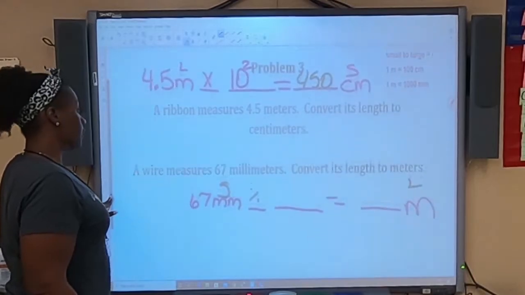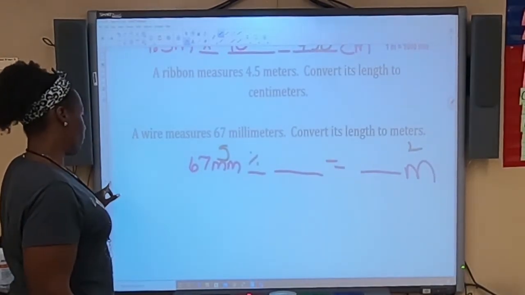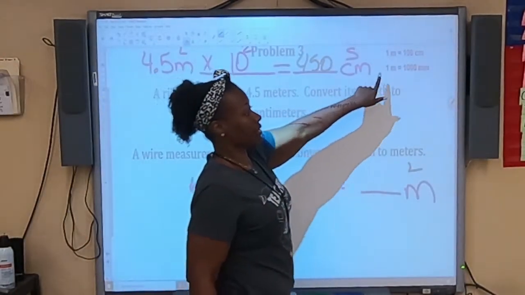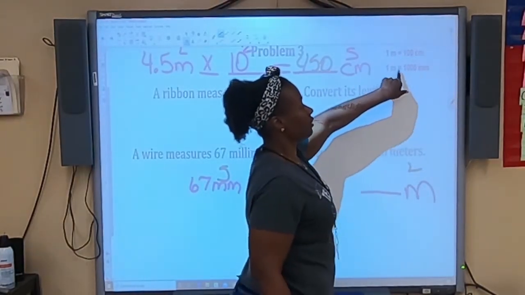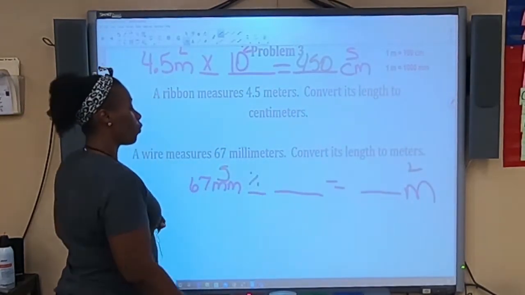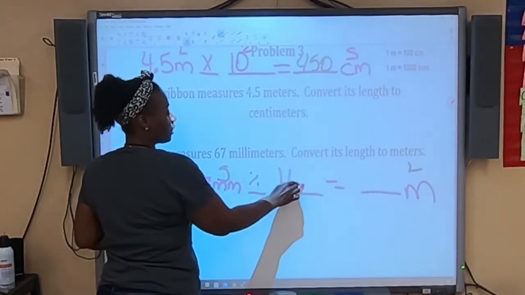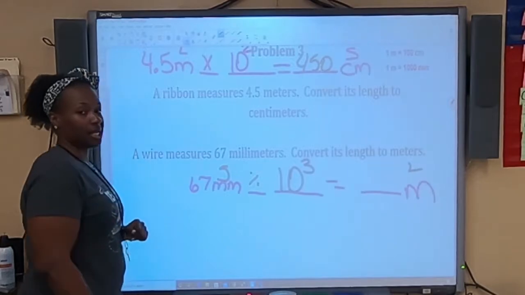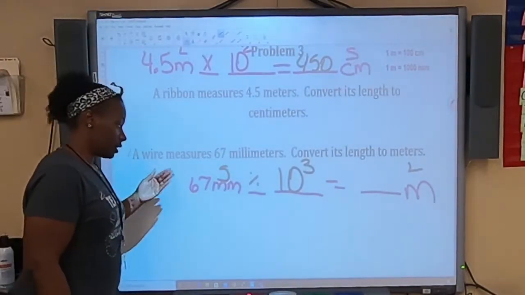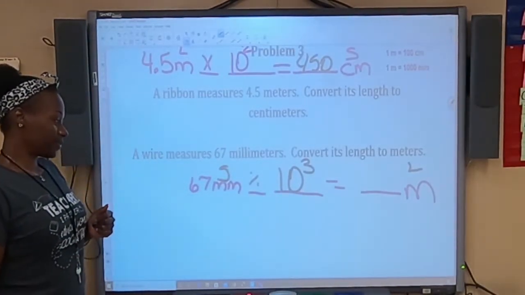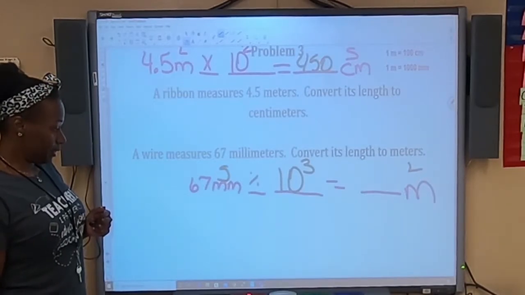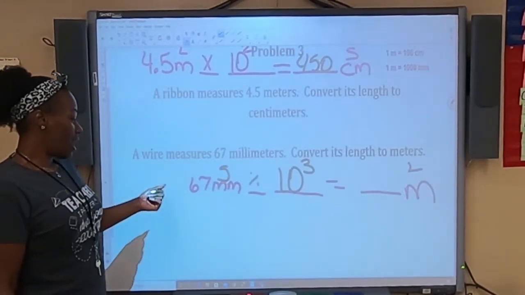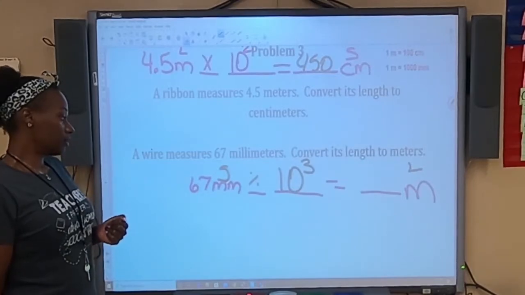And we learned in 4th grade, and if we forgot it, we have a hint. How many millimeters are in a meter? 1,000. So my power of 10 is going to be a base of 10 with an exponent of 3. 10 to the power of 3. Should look familiar. Okay? So, I have a whole number.